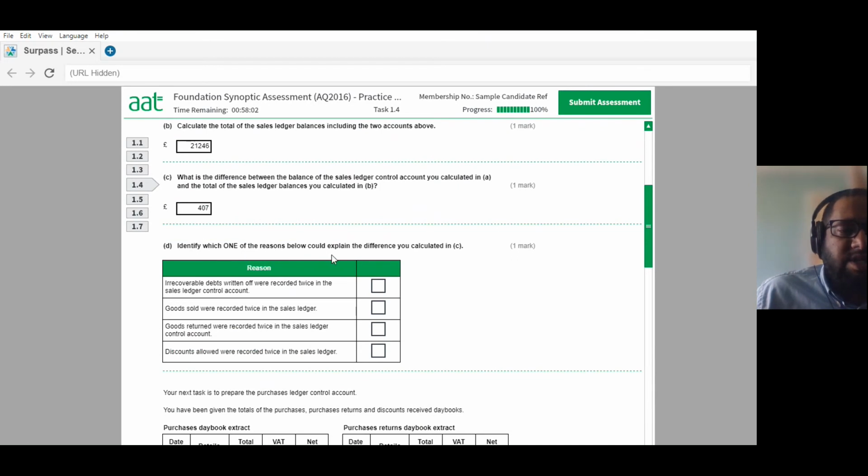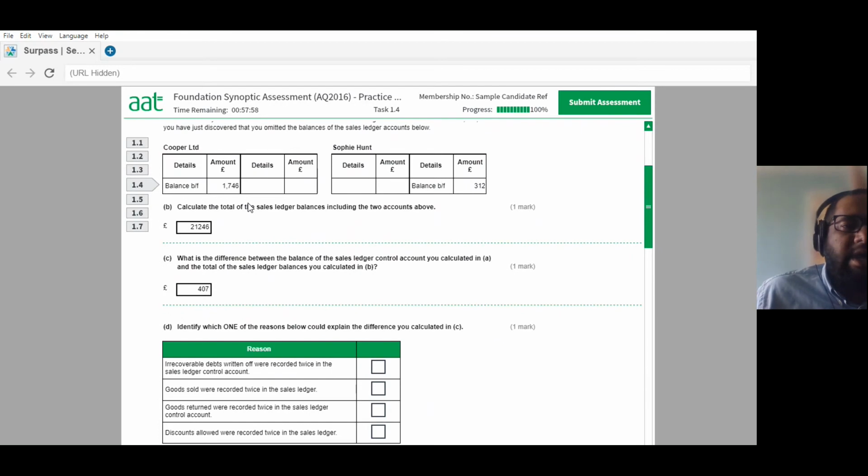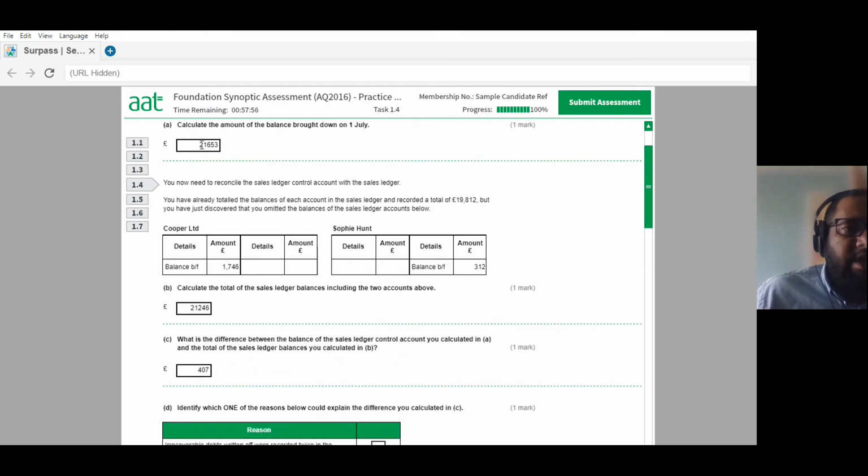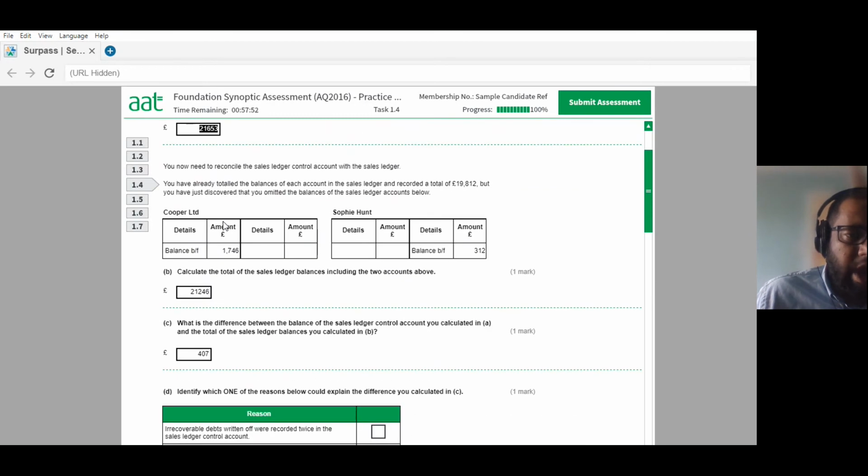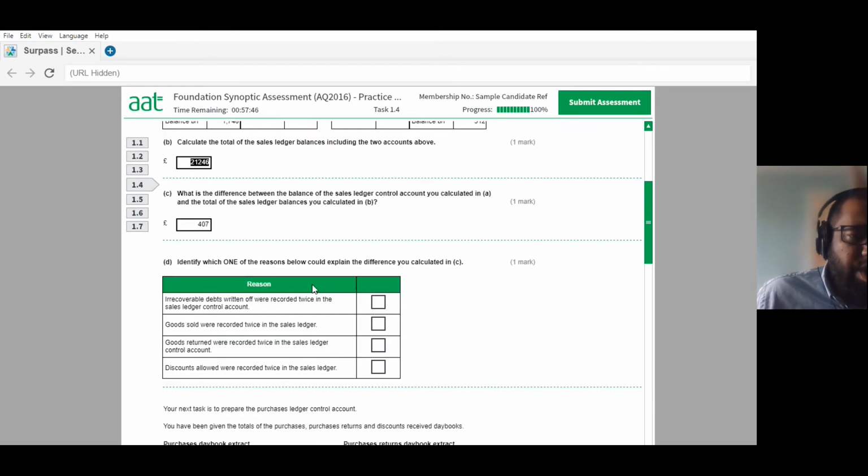Identify which one of the reasons below could explain the difference you calculated. So here there is a disparity. There is a higher balance on your sales ledger control account, but the customers' individual accounts return a lower amount. So what you need to remember, you need to find out which could relate to your particular scenario.